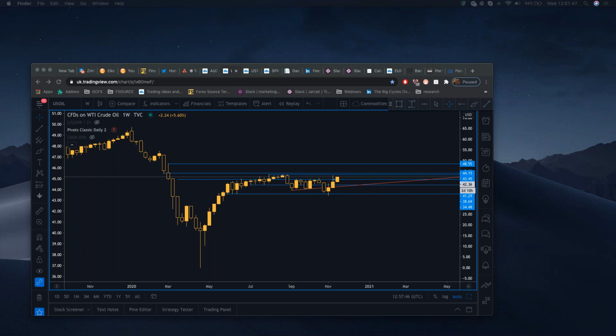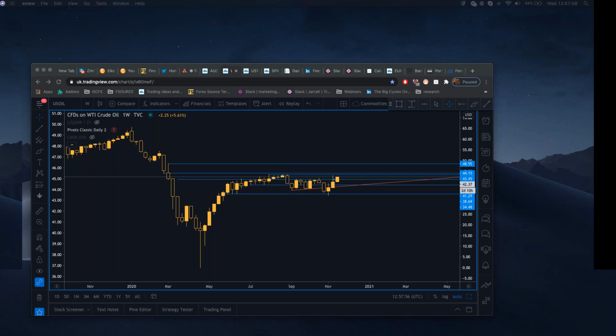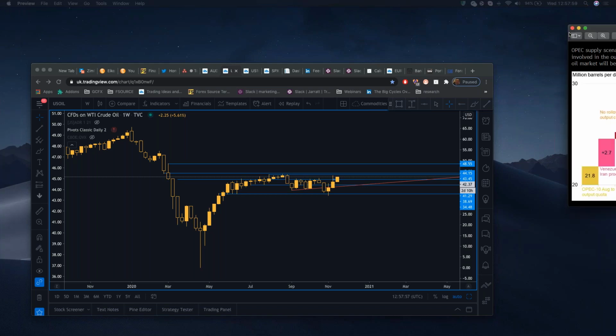But here are the risks for oil. Let me just find oil demand charts. Here it is. This is some of the risks that we've got for oil.